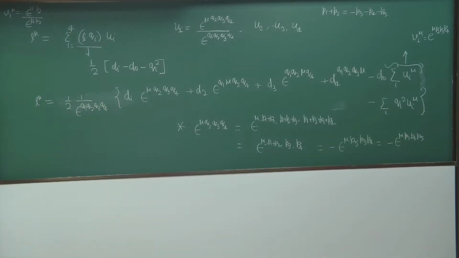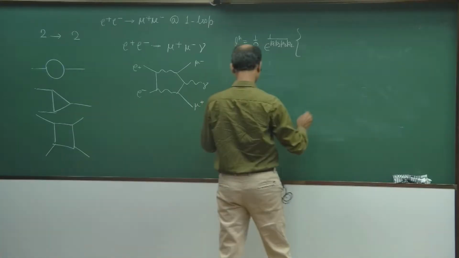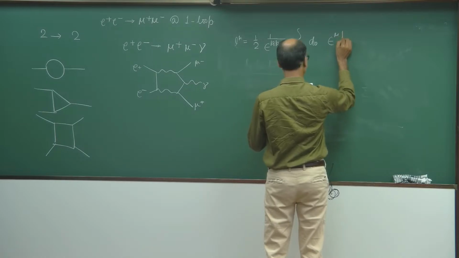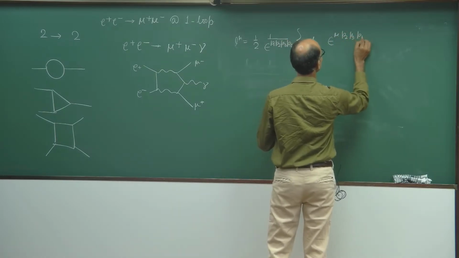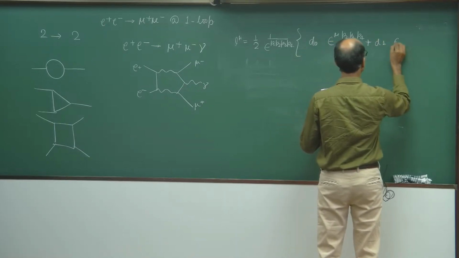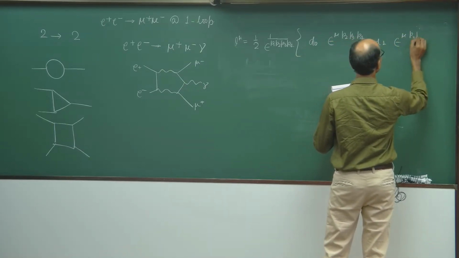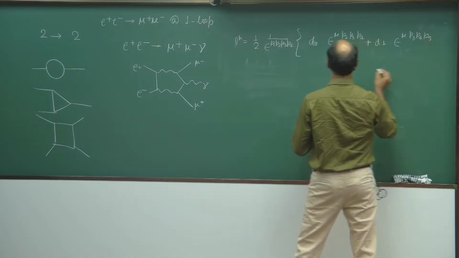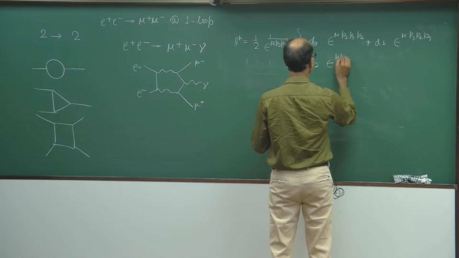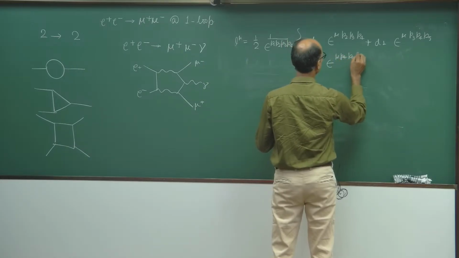So then L mu is half, 1 over epsilon p1, p2, p3, p4, with d0 epsilon mu p2, p3, p4 plus d1 epsilon mu p3, p4, p5, d2 epsilon mu p4, p5, p1.